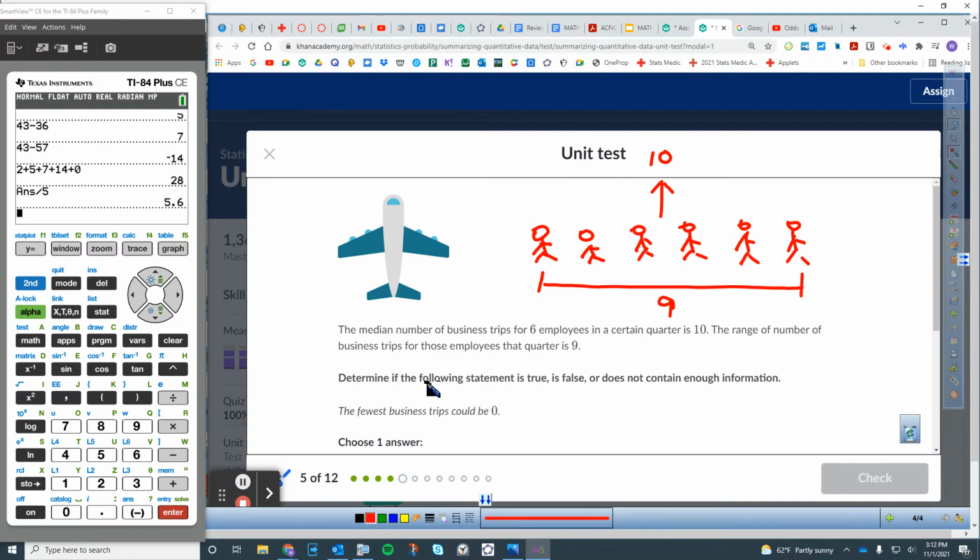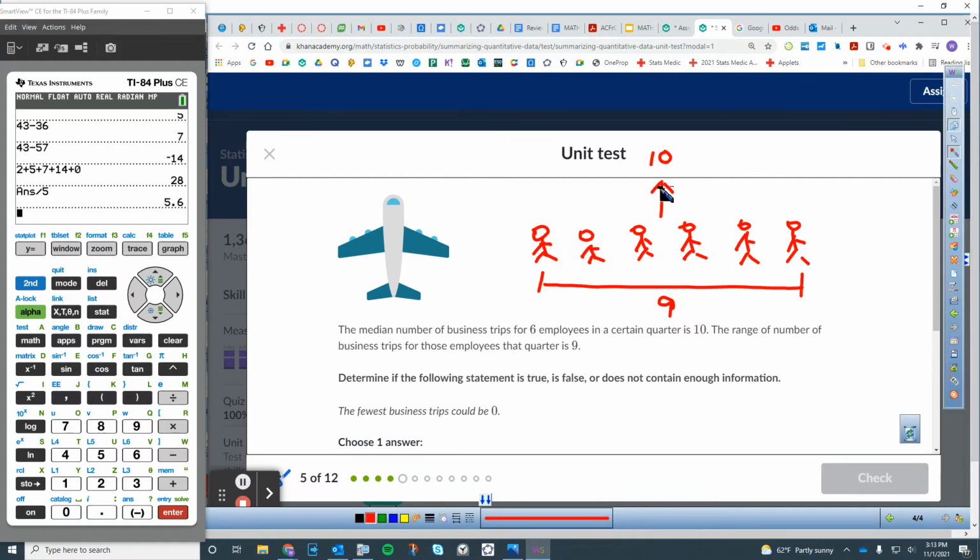So determine if the following statement is true, is false, or doesn't contain enough information. The fewest business trips could be 0. Could this be 0? Well, okay, so let's think of a few scenarios.